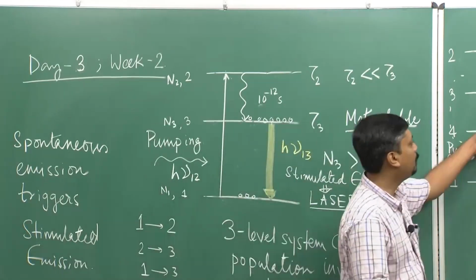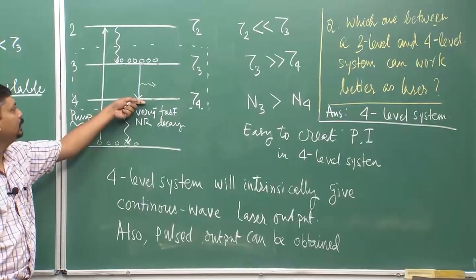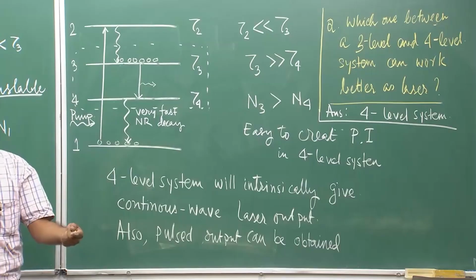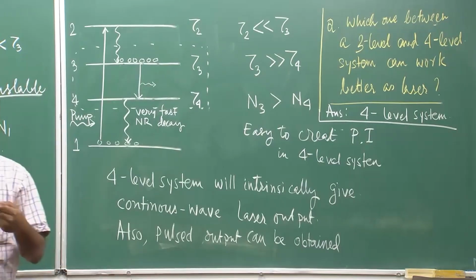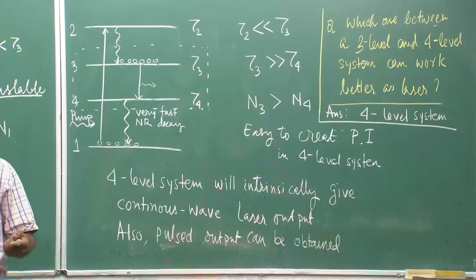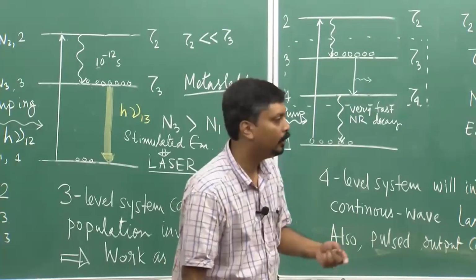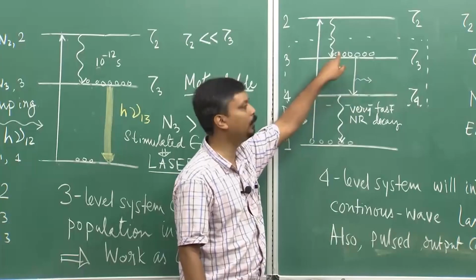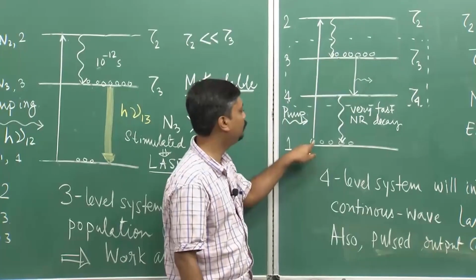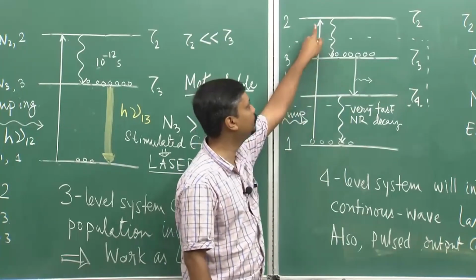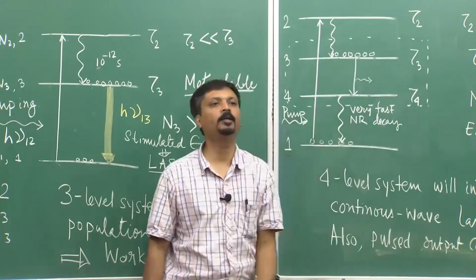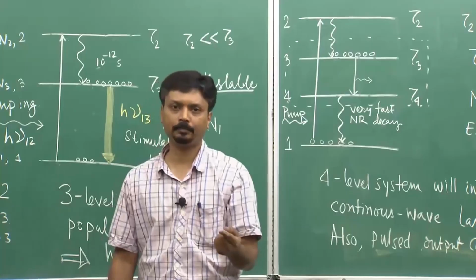On the other hand, because this state is not the ground state, its population is 0, or very near to 0 at the beginning. So as soon as the first transition takes place from here and then quickly comes down here, I have a population inversion.